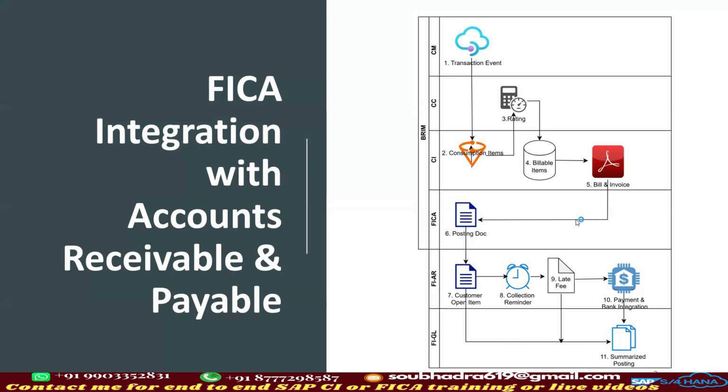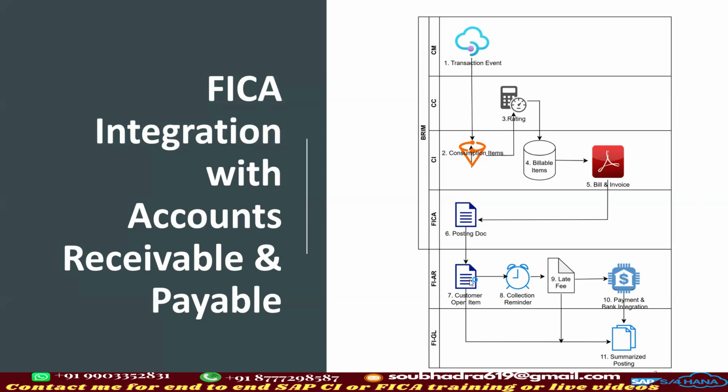After billing and invoicing, FICA will have the open item generated. Generally we collect the payment in FICA. In this case, this open item we will send to FI-AR. Remember, we are not sending the open item to FI-GL. In a traditional scenario, we send the open item to FI-GL. Why are we sending it to FI-AR?